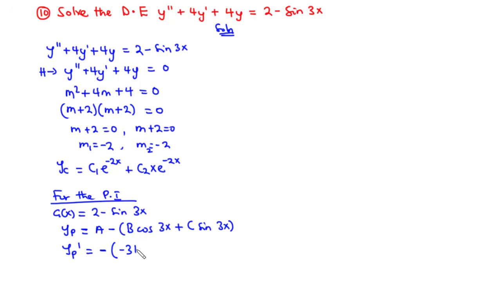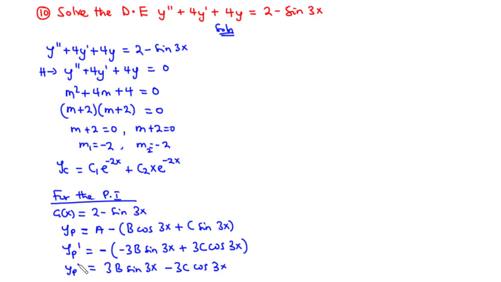So negative 3b sin 3x, plus, if you differentiate sin 3x, you have 3 cos 3x, and then c. So this becomes 3b sin 3x and then minus 3c cos 3x.